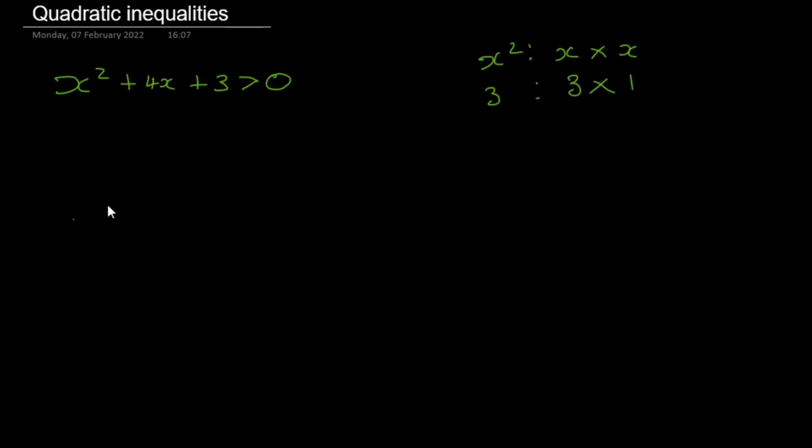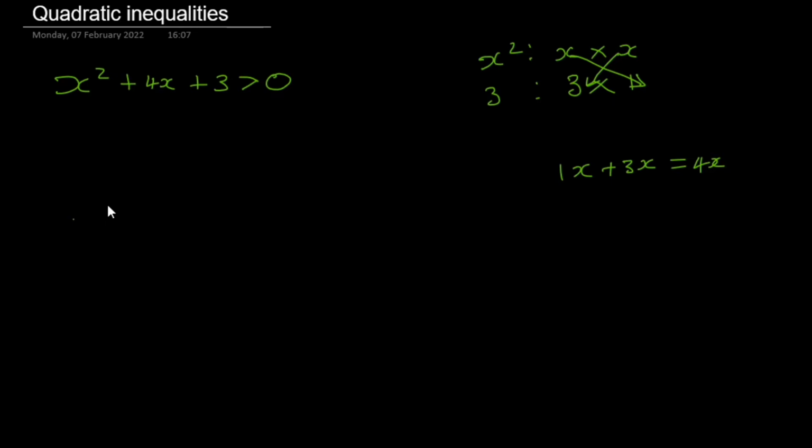So if you multiply your x and 1, you are going to get 1x. And if you multiply the other x with the 3, you are going to get your plus 3x. And together they're going to give us the middle term, which is 4x. So that means our factorization factors are ready and are correct.